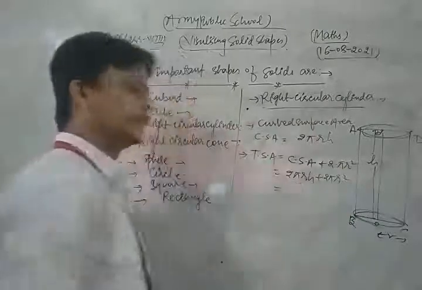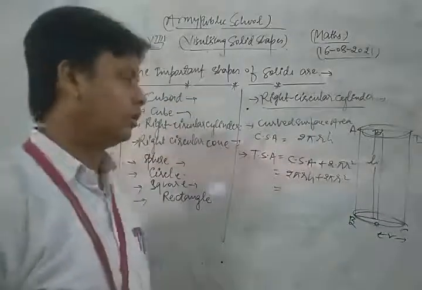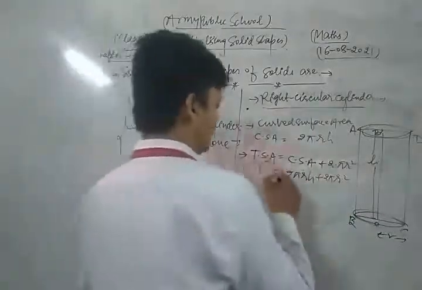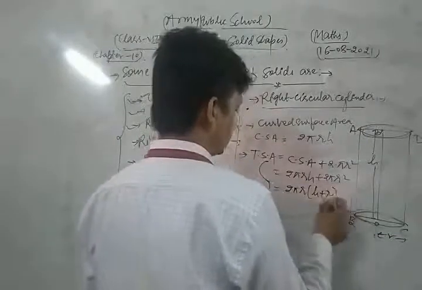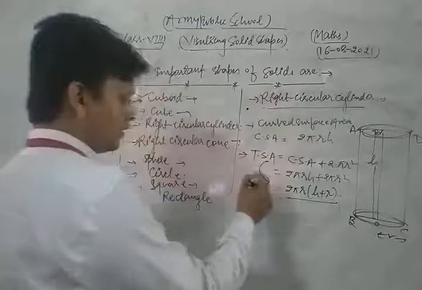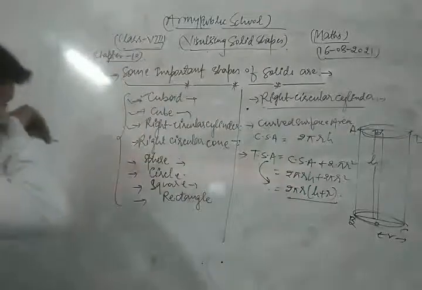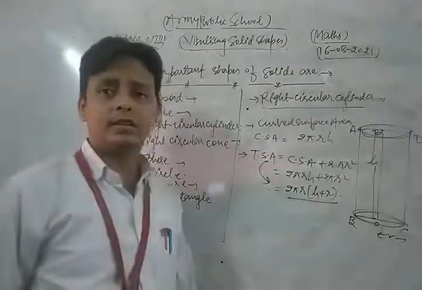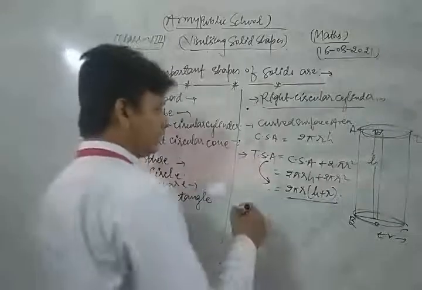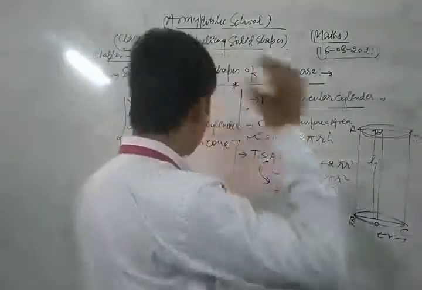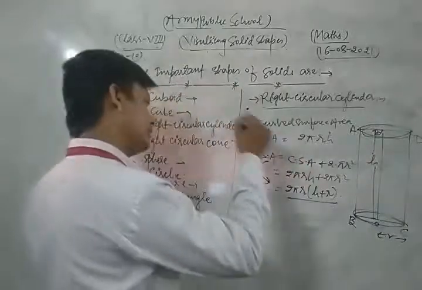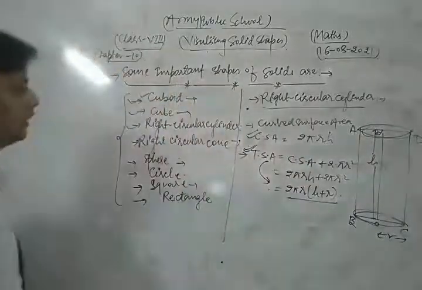So we take 2 pi r as common. So the total surface area is 2 pi r into (h plus r). This is the total surface area of the cylinder. This is the curved surface area of the cylinder, and this is the total surface area of the cylinder. Okay.